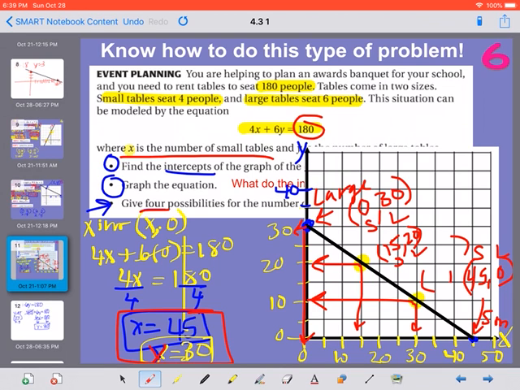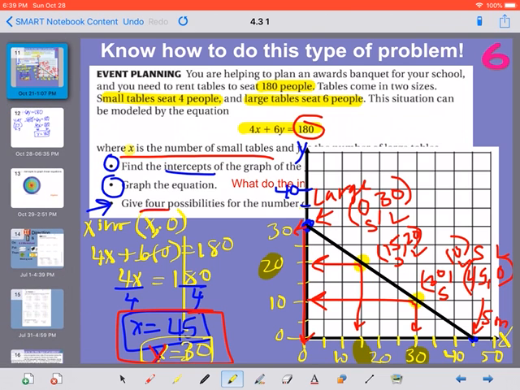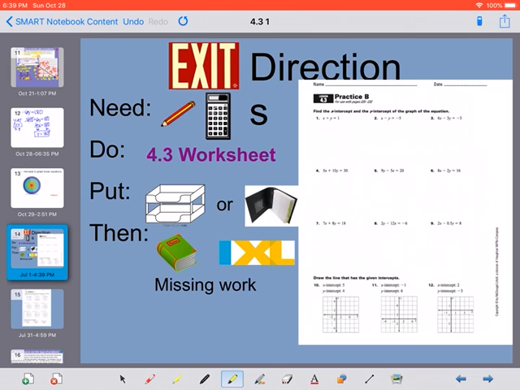And then our last point here that I'm going to use, XY, we have 30 small and 10 large. So there are 4 possibilities. We could have had some other possibilities as well, but those are the easiest ones that go to nice numbers on our X and Y axis. So that is it. Your homework is worksheet 4.3.